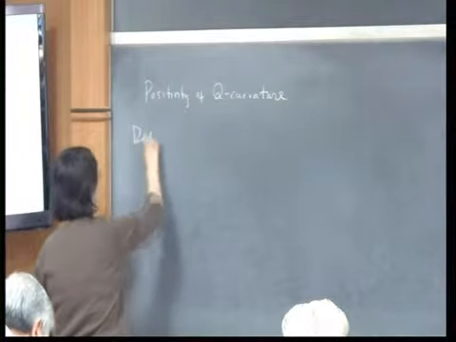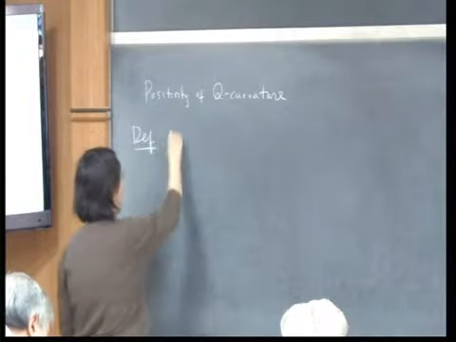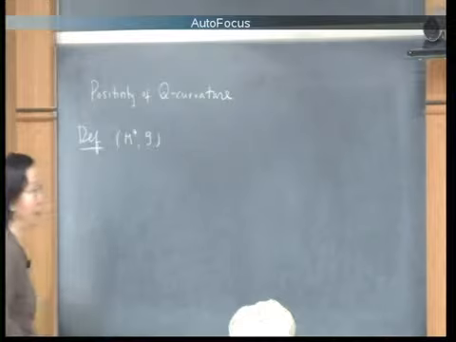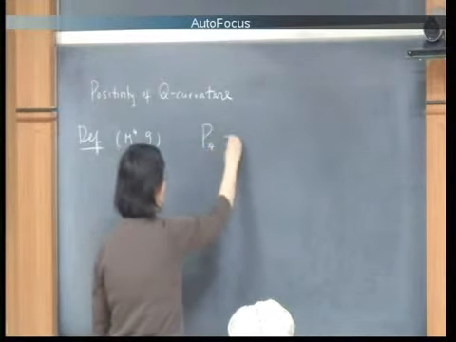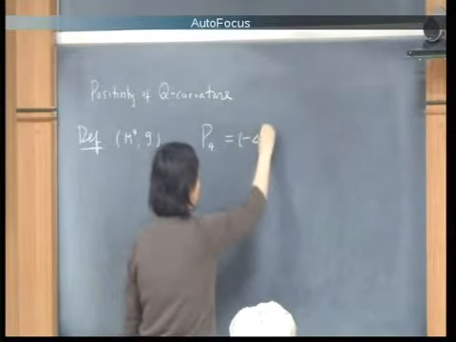So the definition is: I'm talking about a 4-manifold with a metric g, and there is this fourth order operator, what we call the Paneitz operator, operating on a function. It is Laplace squared.